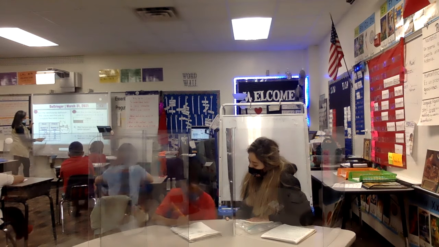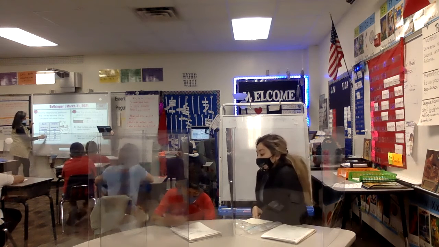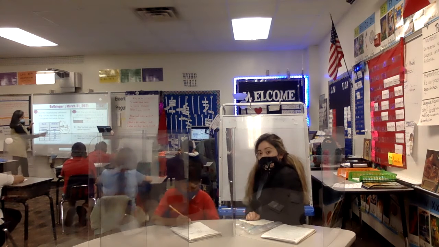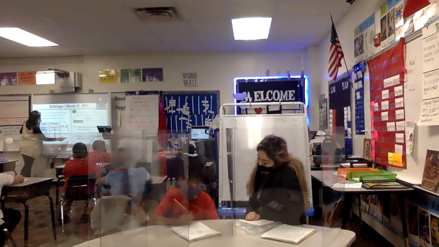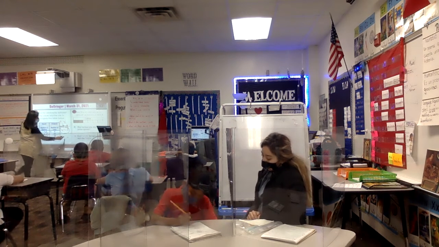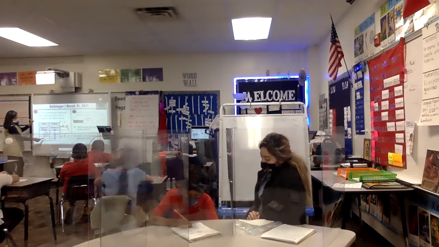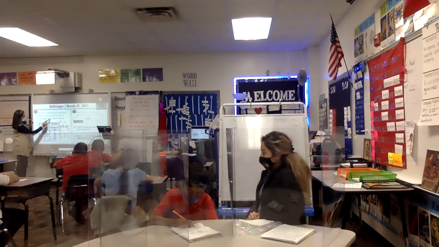So 3 times 8 is what? 24. If you're stuck again, you can divide: 24 divided by 8 gives you what? 3. Okay, so now what is our relationship? Multiplication. So the rule is times 8.